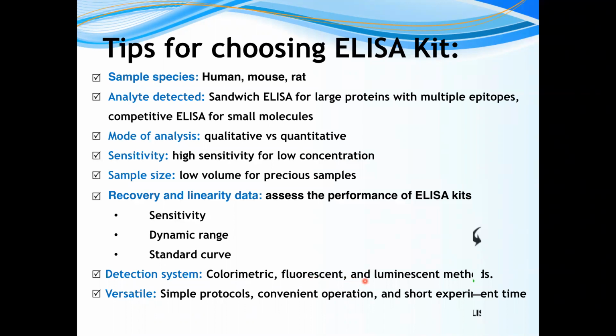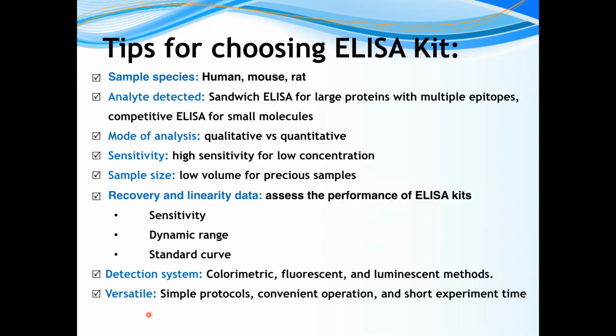So it is very important to choose an appropriate enzyme and a matching substrate. Enzyme substrate reaction conditions, the microplate, and the detection device should also be properly chosen, based on the availability of the detection device or plate reader in the lab.